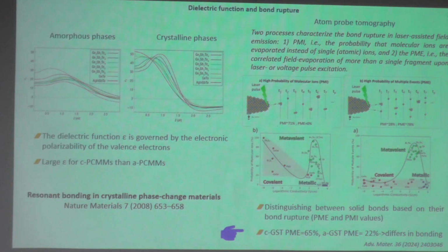This can also be nicely seen in other measurements, like ellipsometry. Using ellipsometry, if we measure the dielectric function, epsilon, we can see that the amorphous phase change materials with different compositions, going from germanium telluride to the others, and also AST, have a lower dielectric function compared to the crystalline phases.